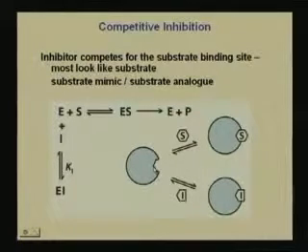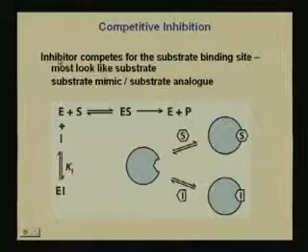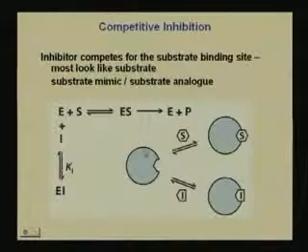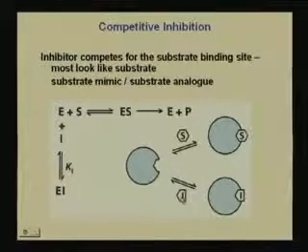Okay? So what you essentially have is, instead of having just an enzyme substrate complex, in addition you can also have an enzyme inhibitor complex. So the inhibitor competes for the substrate binding site, and obviously therefore it must look like the substrate also.